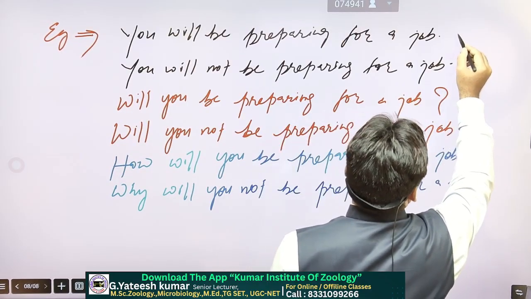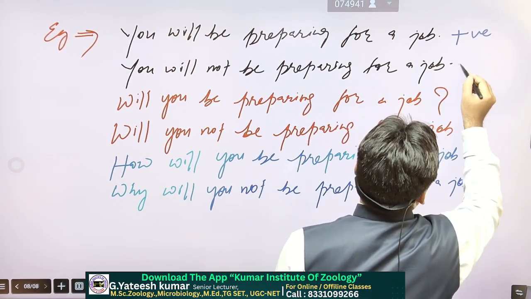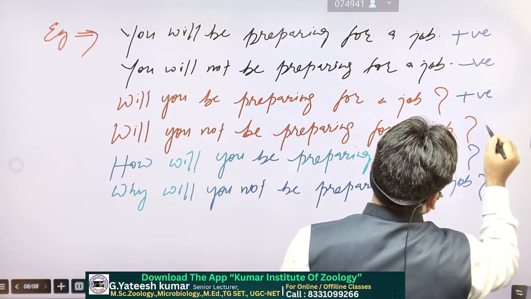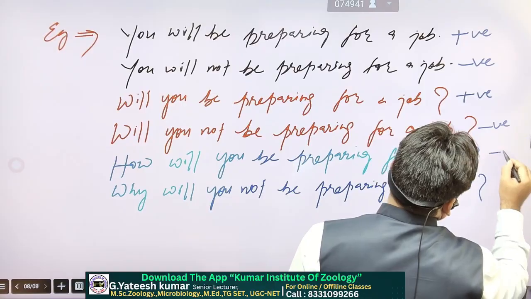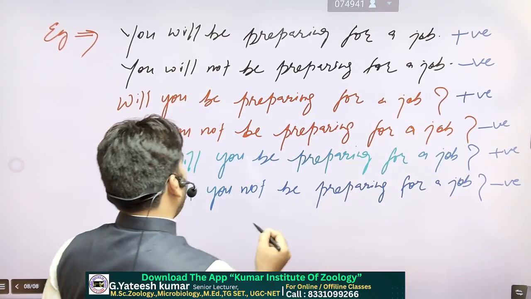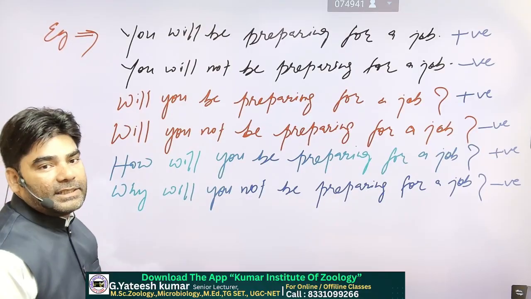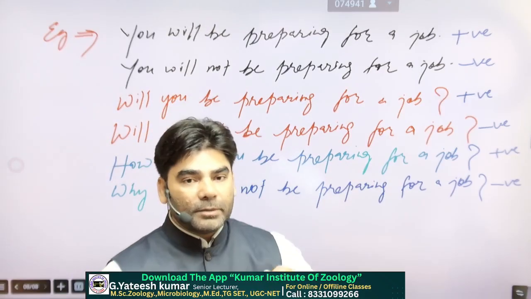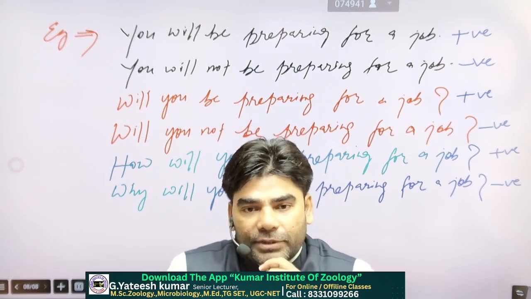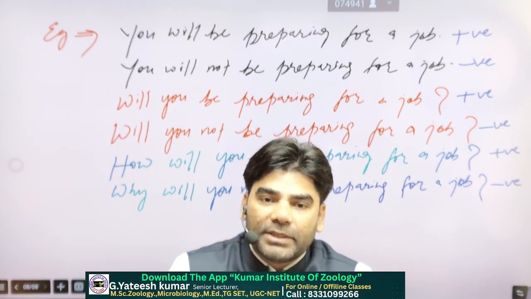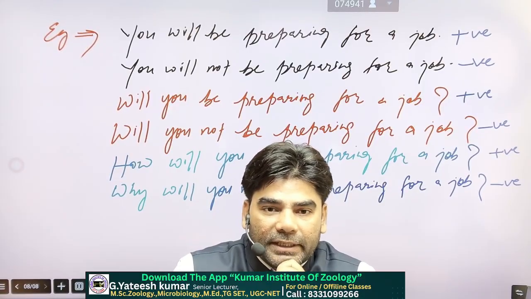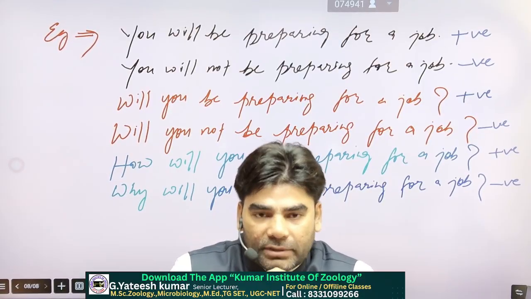Okay, so this was our affirmative positive and this is affirmative negative. Yes/no type questions positive, yes/no type questions negative, WH questions positive, WH questions negative. So like this we can make a single sentence in 6 structures. So what is the purpose behind the total 6 structures? Because we have different situations. Sometimes we are in the situation to ask, sometimes we are in the situation to pass on information. So for that purpose we need to learn all these structures.